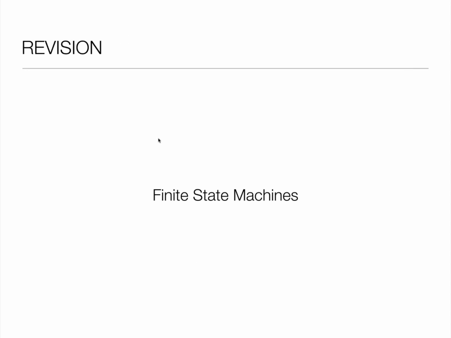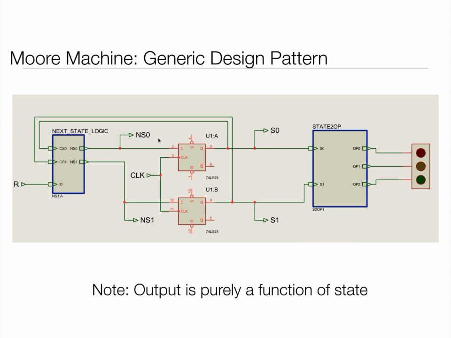Okay, so this is the generic Moore machine, and I've shown this slide many times. The storage devices are here. The two D-type flip-flops, and they hold the state. These only change with the edge of a clock, so they're synchronous. The outputs are just a function of state.